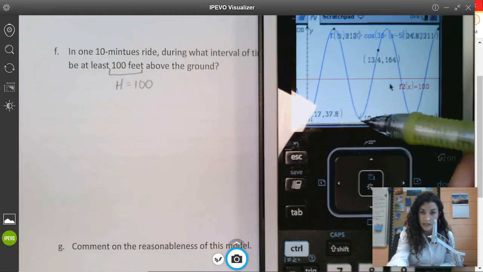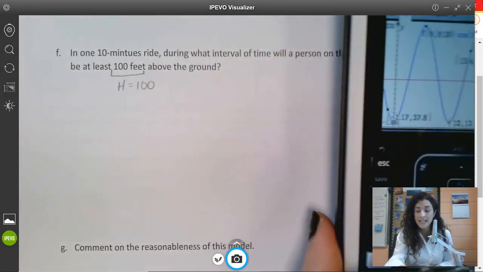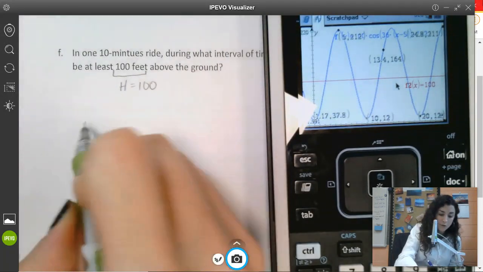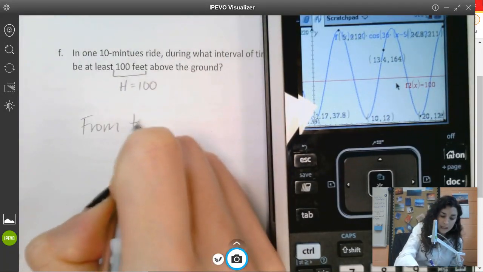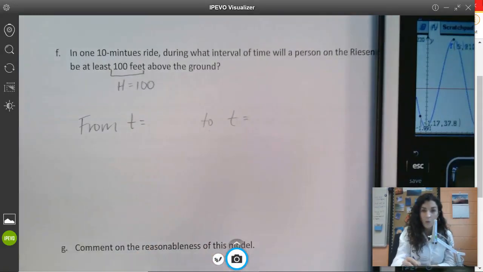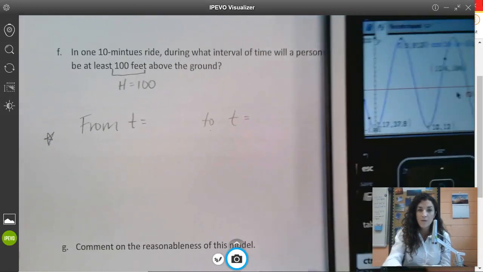Between 0 and 10, so we're really only looking at here and here. And it says during what interval of time. So we're just figuring out from time here to time there is when it will be above ground. So from t equals what to t equals what will this guy be above 100 feet?